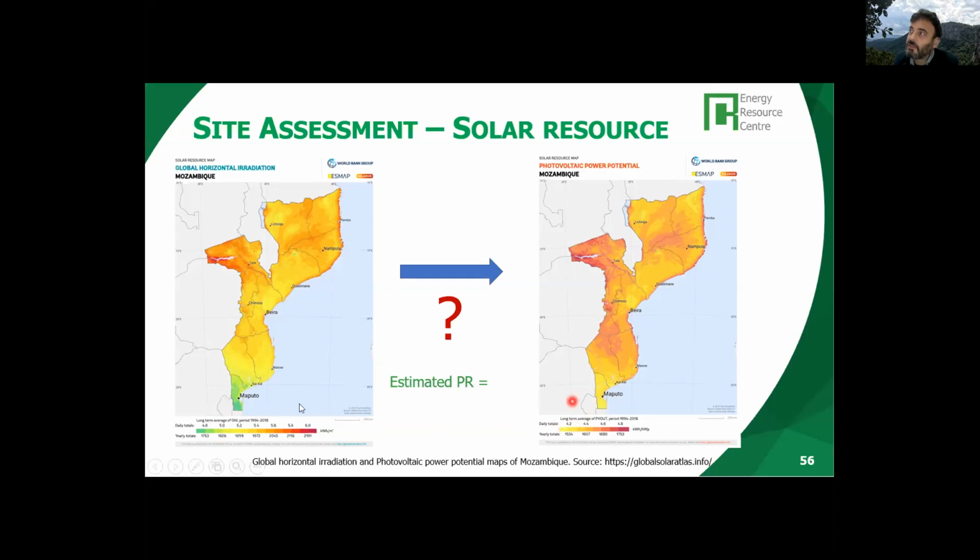Can you see there is a relationship? 4.3 over 4.9. How much is that in performance ratio? What efficiency of conversion is this? You understand?